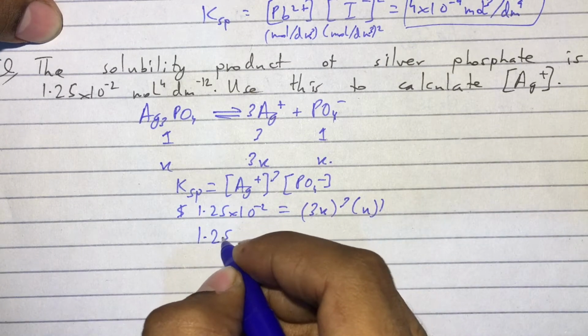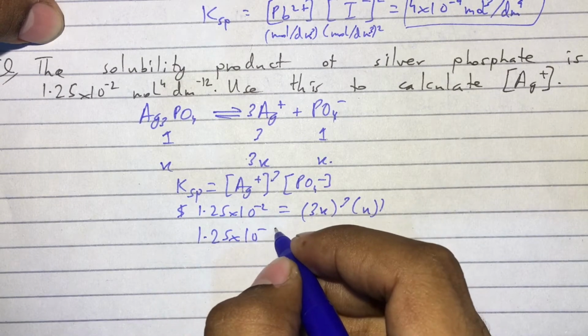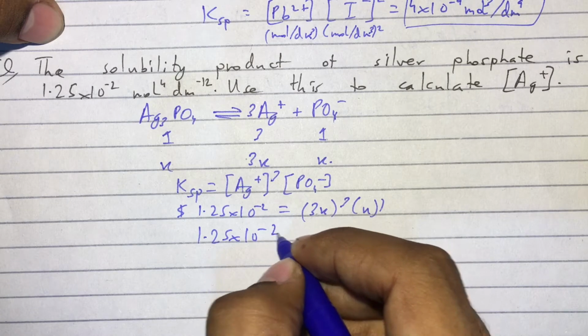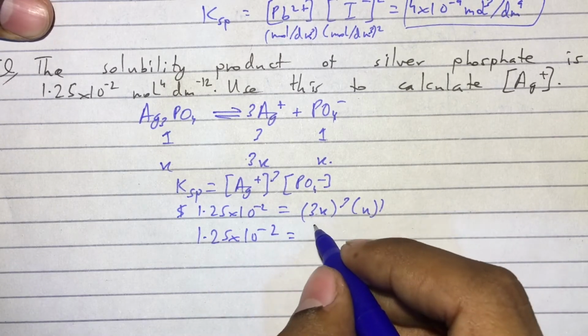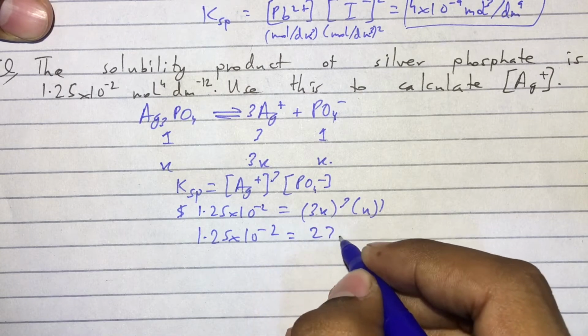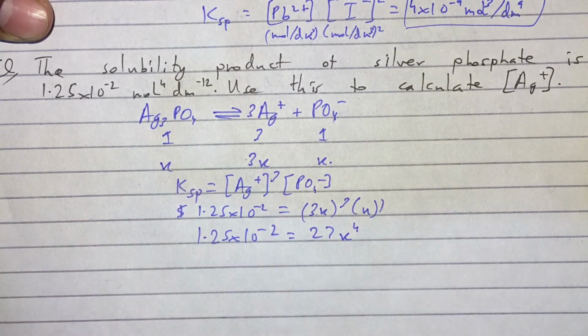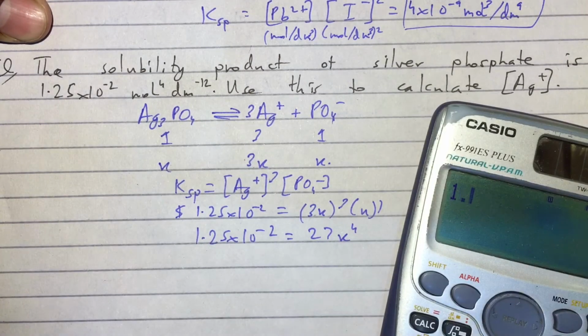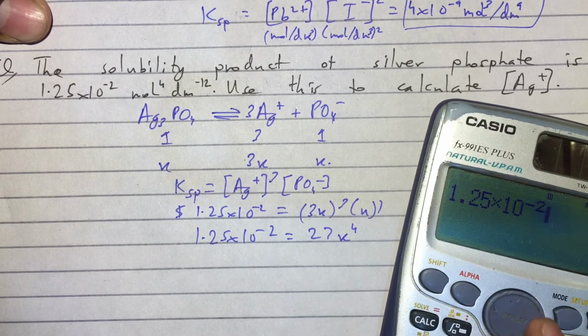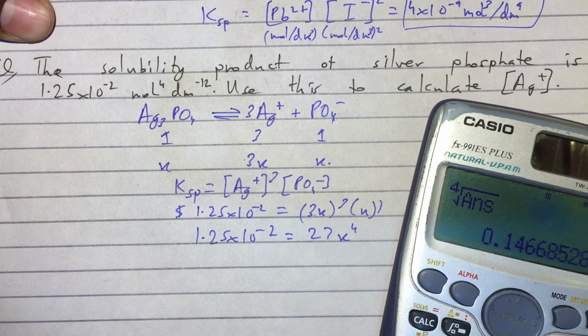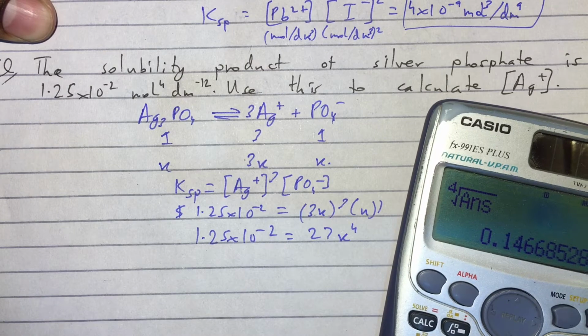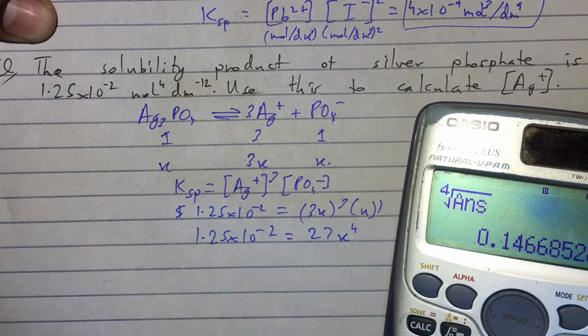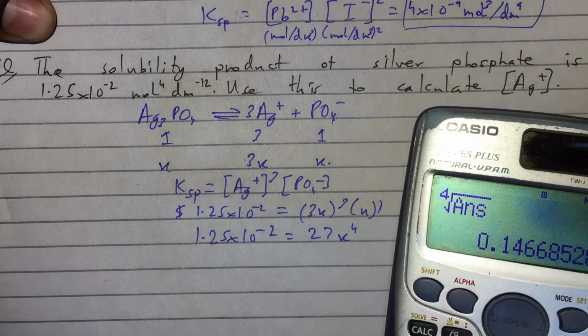This is 1.25 times 10 power negative 2 equals 3 cube will be 27x power 4. So this is going to be 1.25 times 10 power negative 2 upon 27, and then this is coming equals to 0.1466.